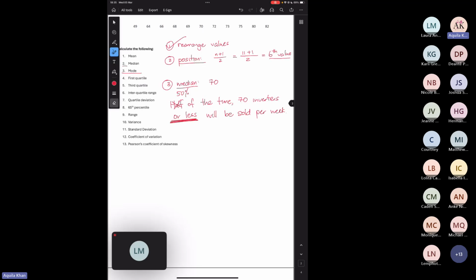So if you ever get this, you will simply say that there is no mode. There is literally a mark allocated to that. So please make sure to write that down if you do have a situation where there is no mode.